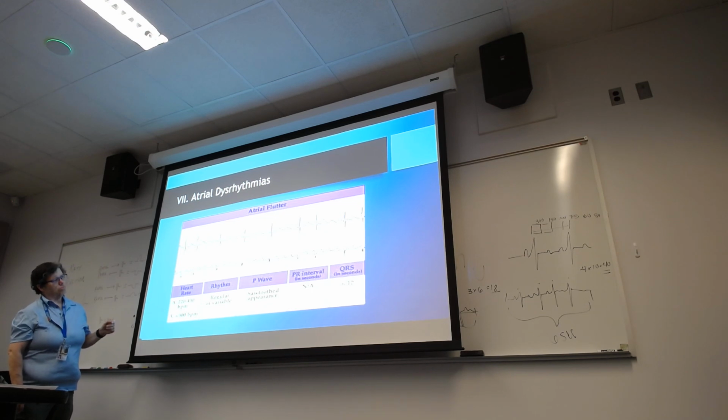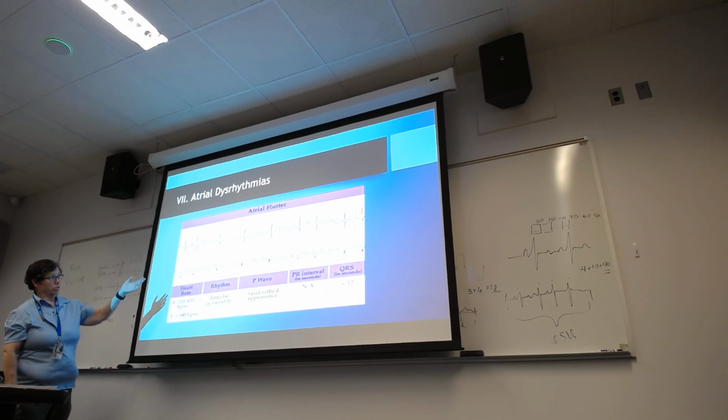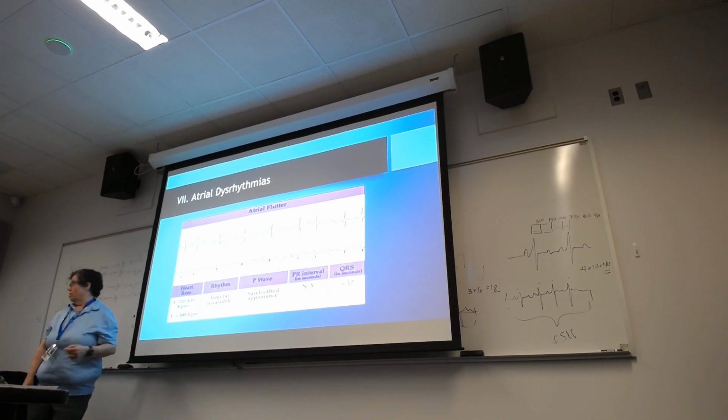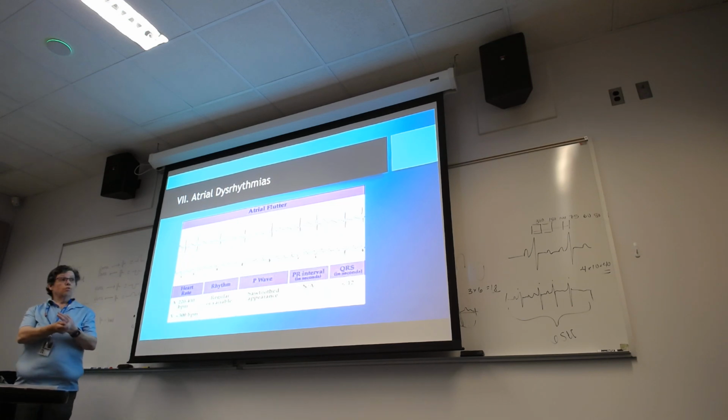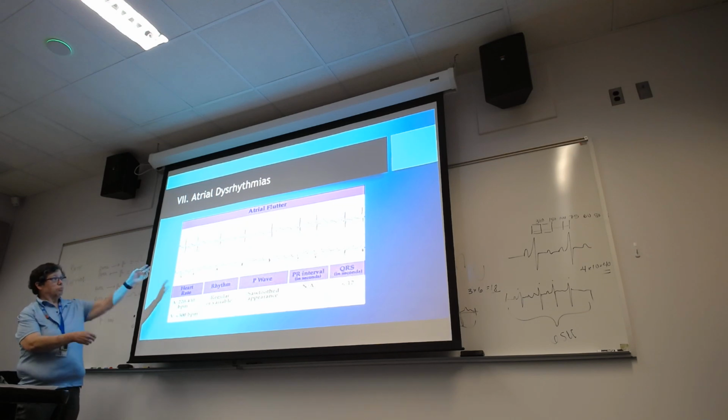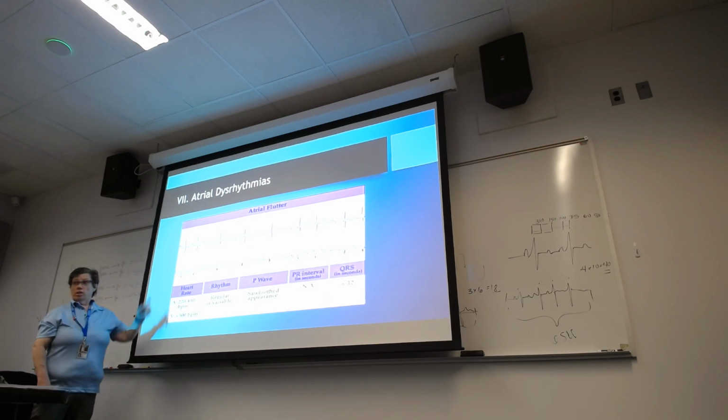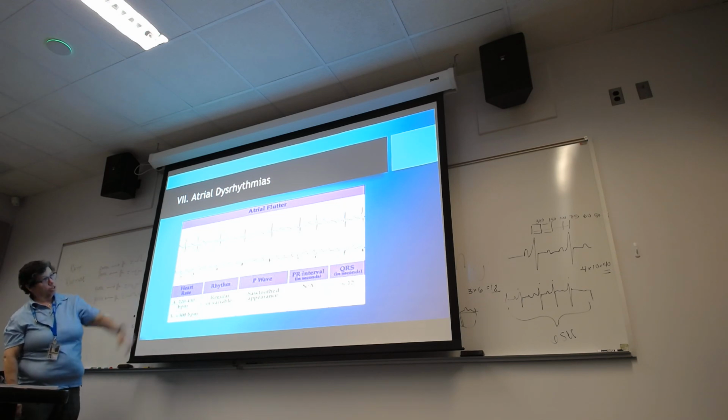Do you have T waves? There's something there, right? And then who knows where their T waves are? Okay. So you know your rate. You know that it's irregular. You know that there's something between the R to Rs, but what does that look like to you?